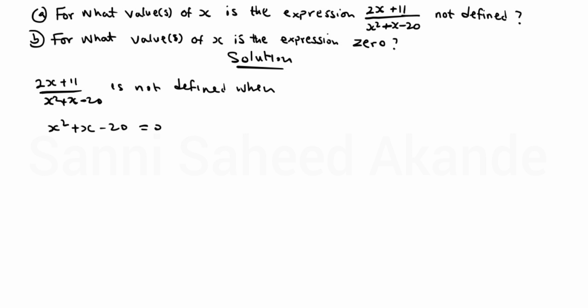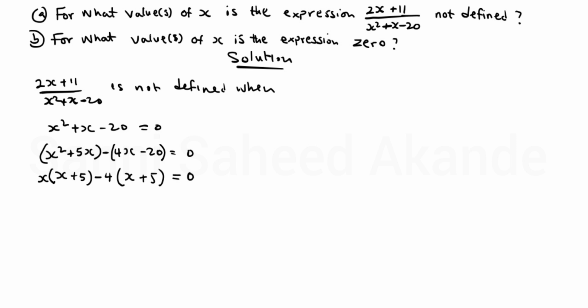Okay, so you should know how to factorize by now. Let's continue. x squared plus 5x minus 4x minus 20 is equal to 0. So let's group them in twos like this. What is common in the first bracket is x, then we have x plus 5 left inside the bracket. Then minus 4 is common here, and we have x plus 5 remaining inside the bracket, equal to 0.